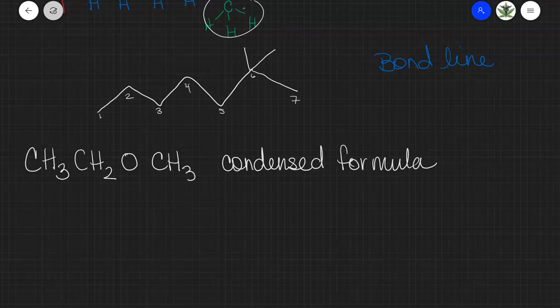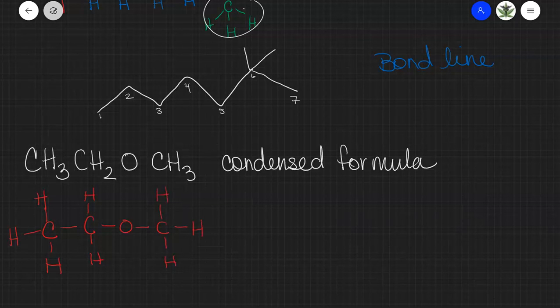And let's go ahead and make that into a Lewis structure. We have a carbon with 3 hydrogens attached to a carbon that has 2 hydrogens attached to an oxygen, which is attached to a carbon that has 3 hydrogens.